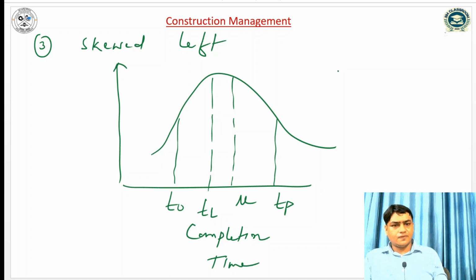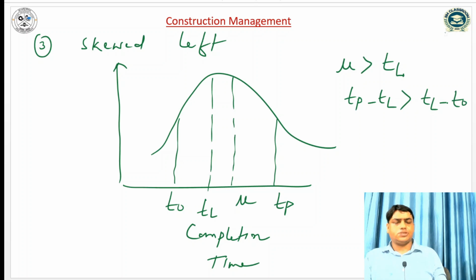So in this curve, mu is greater than most likely time, and TP minus TL is greater than TL minus T0, where TP, TL and T0 we know the notation. So these are the three curves I have discussed. Either it is symmetric curve, or skewed left, or skewed right.